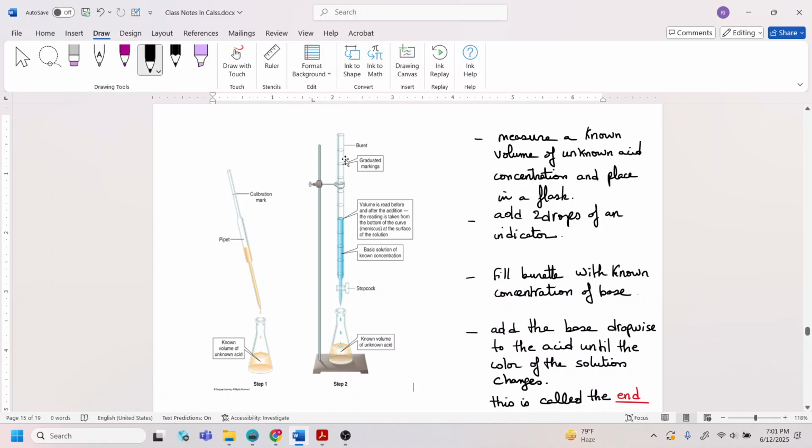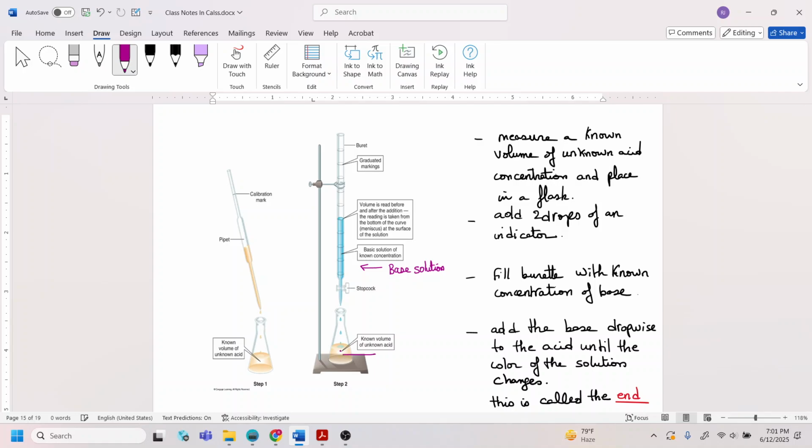So what you do is you fill your burette with mostly your base solution. In the burette you fill it with the base solution, and mostly it's a solution whose concentration you already know. And then in a beaker, you fill it with your acid.